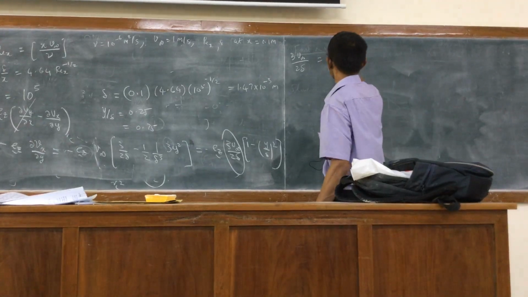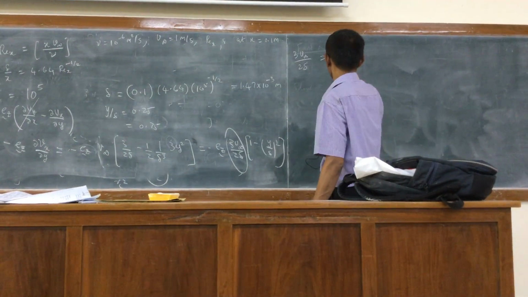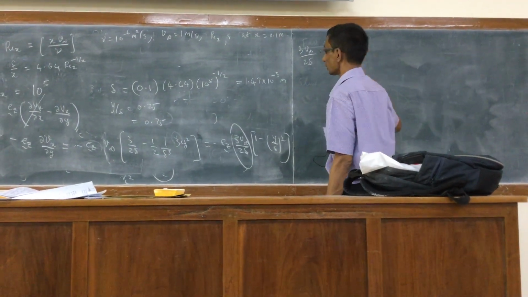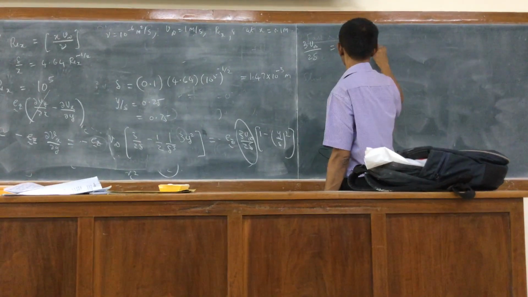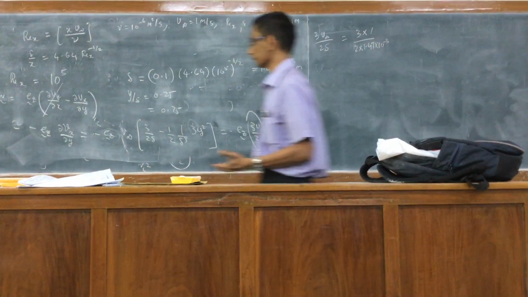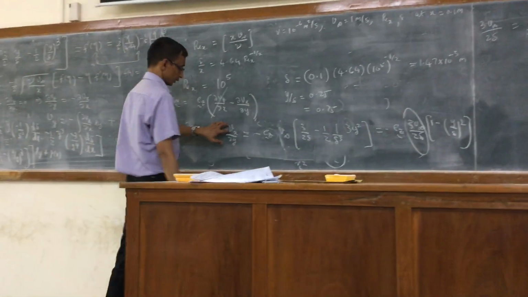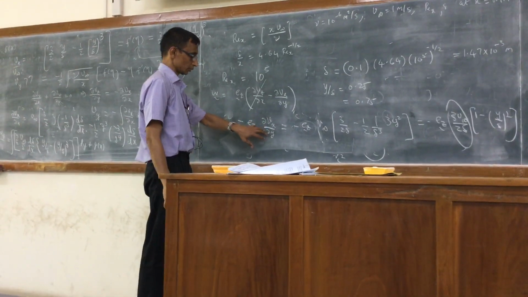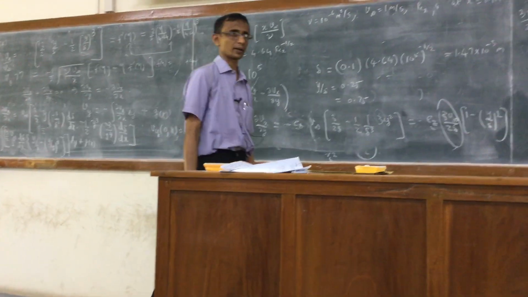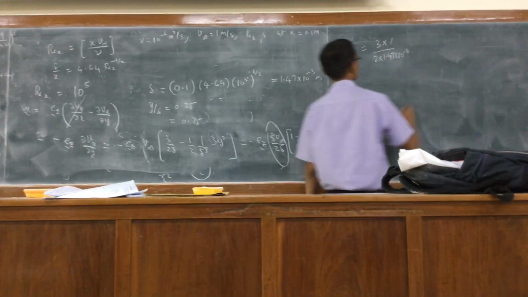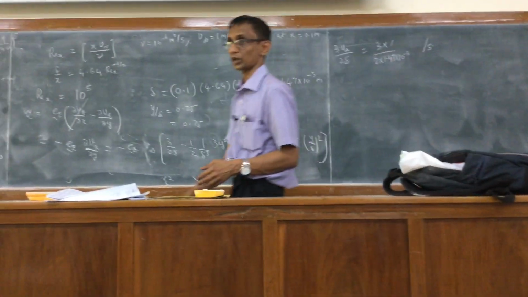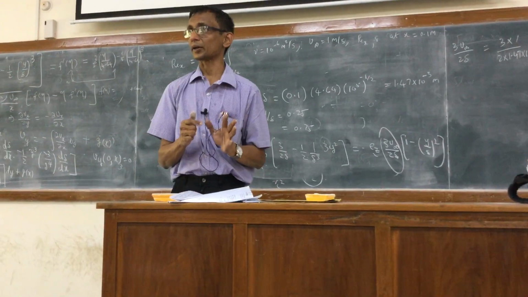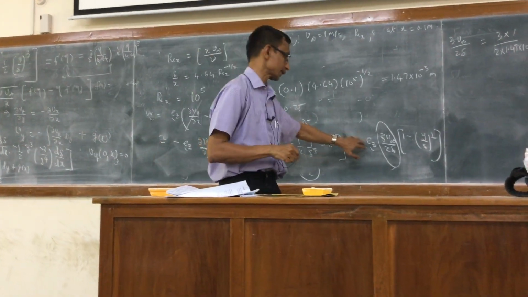So 3 times 1 by 2 times 1.47 times 10 to the power minus 3. So what is it in units? It's clearly meter per second, it's actually per second. Unusual units. Right? So per second is the unit. So this is the maximum value of the magnitude. I'm talking about the magnitude. It is minus Ez, the negative z.